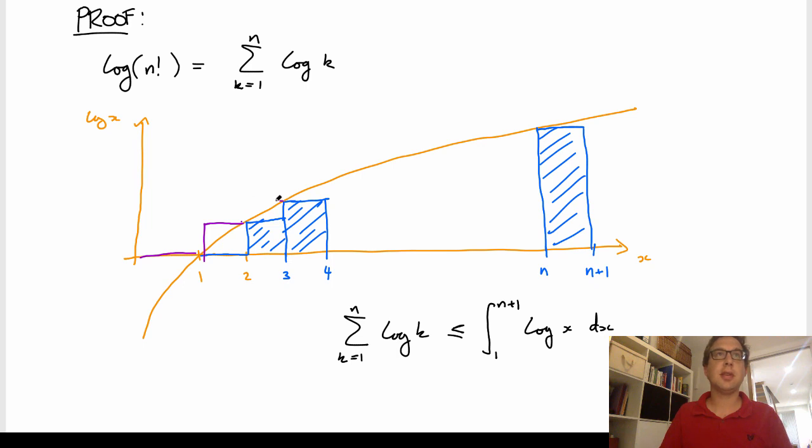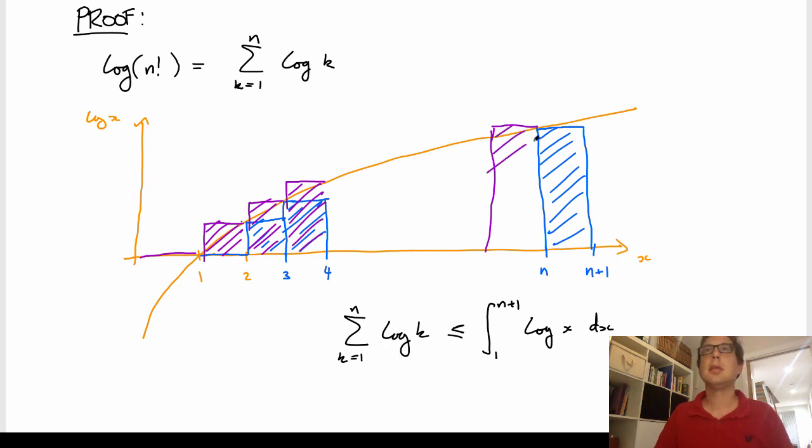Now shift this over one space, and I shift this over one space. Okay, and now consider the purple area. So now I've basically just taken each rectangle and moved it one space over.